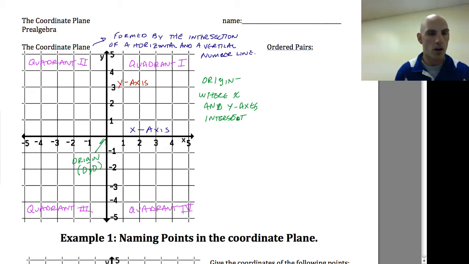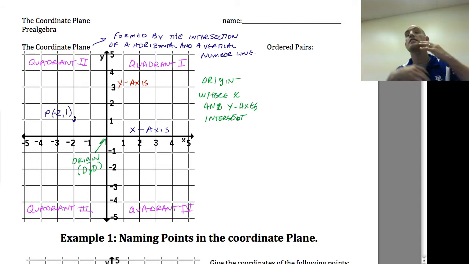Now, what about all of these intersections here? All of these intersections are going to be points. So for example, I'm going to have a point here at -2, 1, and we'll call it point P, and it's -2, 1, and that's its location in the coordinate plane.